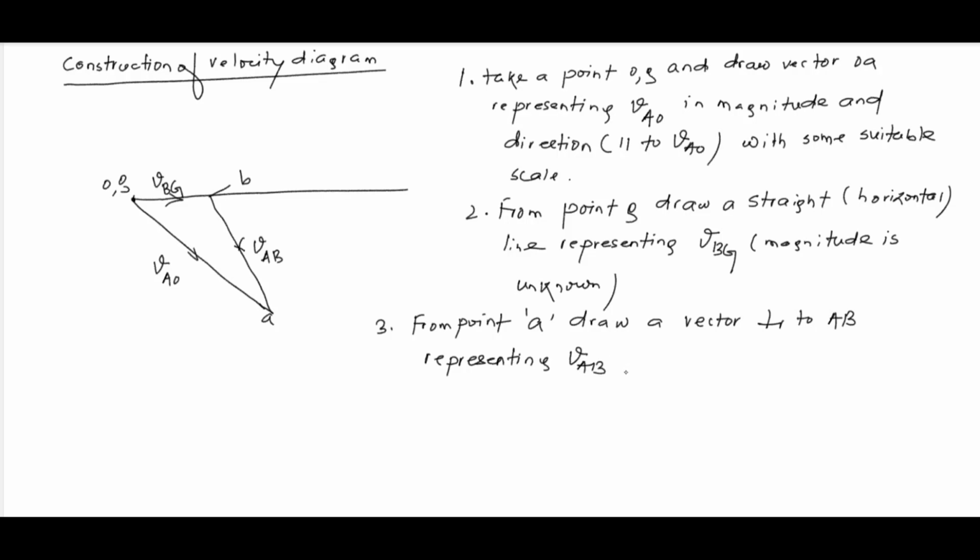Okay. So fourth step is both the lines or vectors will intersect at point B.